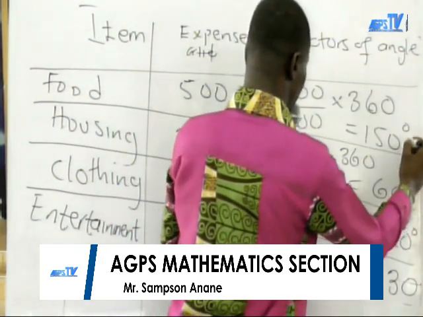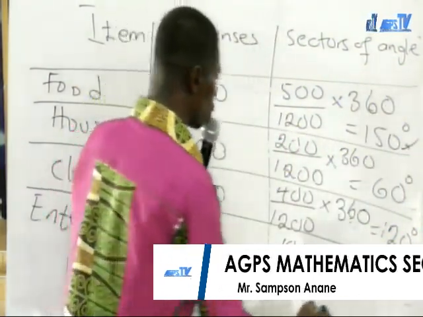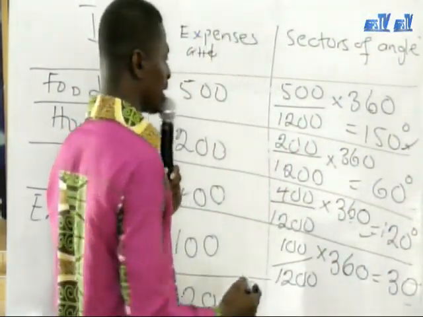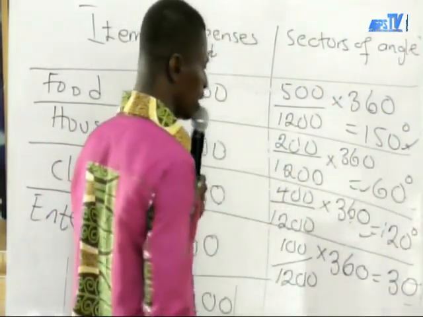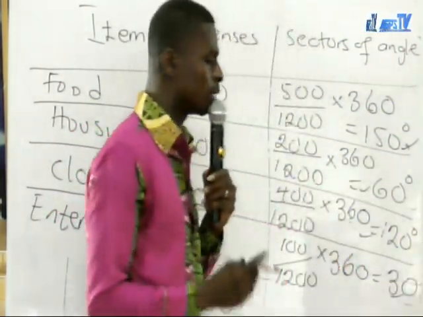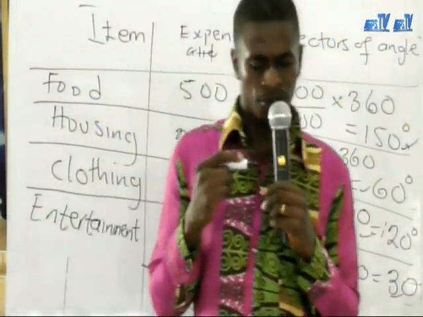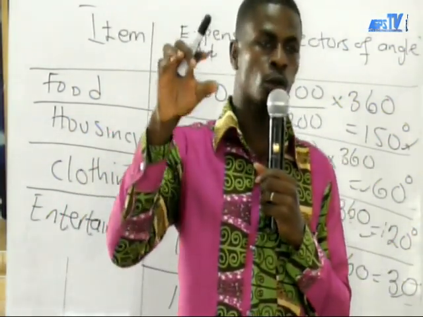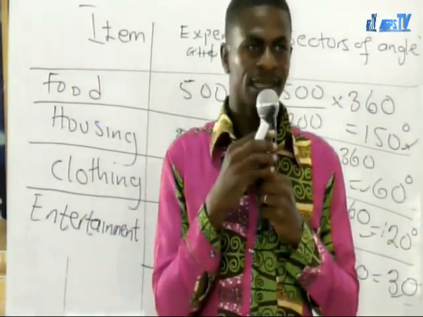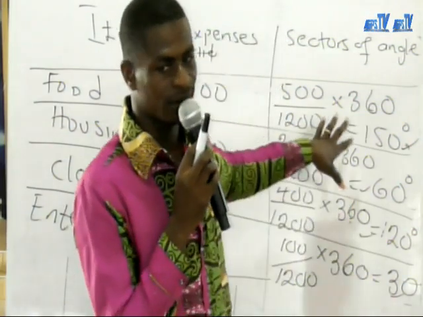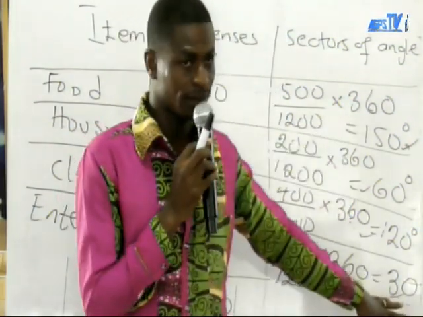You present your 150. After that, you draw your 120. After that, you draw your 60. Then you draw your 30. When you finish, try to also measure them again and see that the last angle is 30.